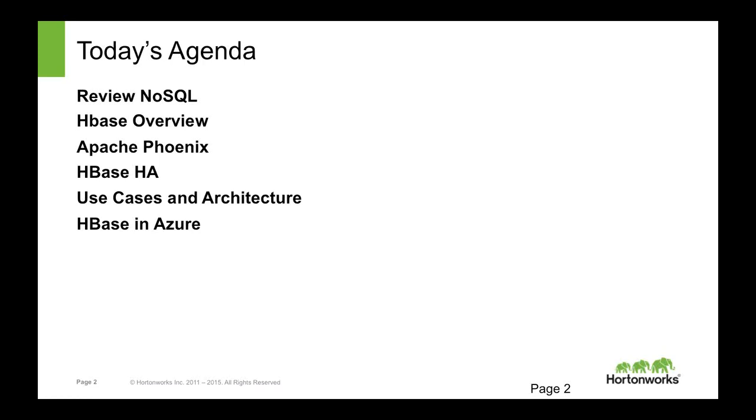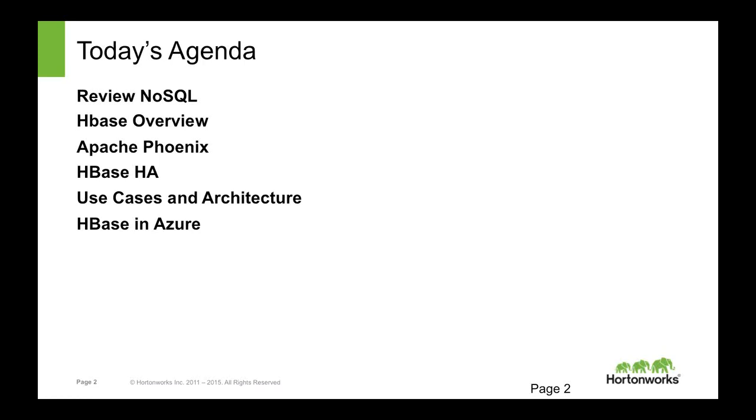All right. So, today's agenda. We're going to do a quick overview of NoSQL. Some of this may be the interesting part, especially coming from a relational database background, to get a better understanding of why some of these solutions exist in the market and what their usefulness is. We'll have a quick overview of HBase and how it's structured as a database.